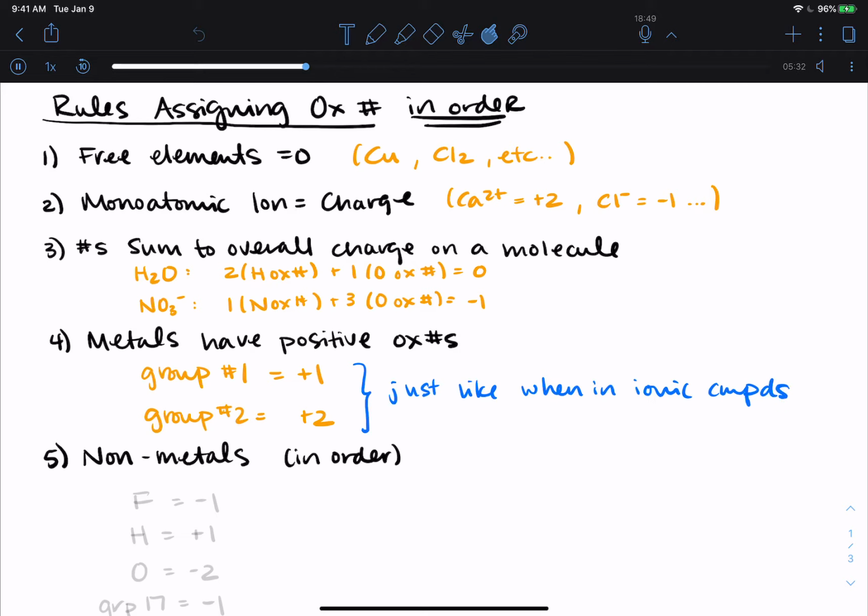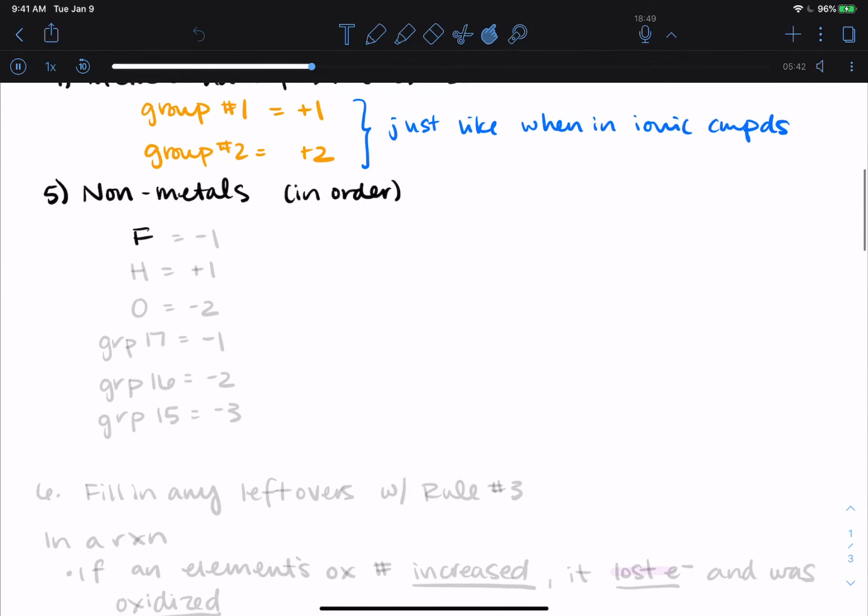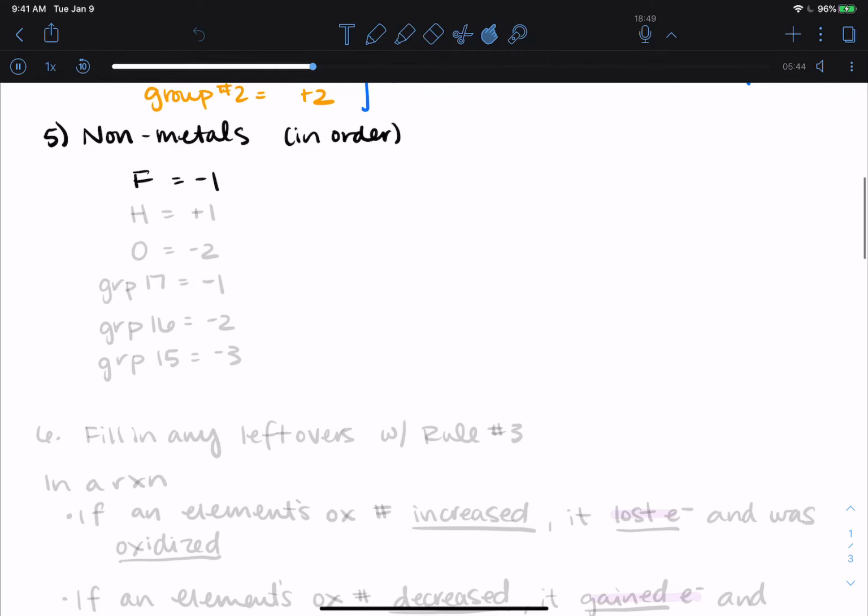The nonmetals, so we've covered everything up through metals. So nonmetals, again, these go in priority order. So fluorine gets a -1. Hydrogen gets a +1. Oxygen gets a -2.